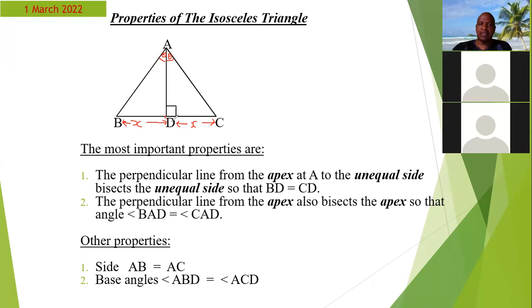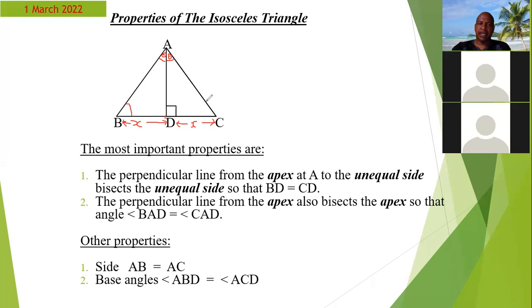So the length from B to D is the same as from D to C. Is that clear, guys?